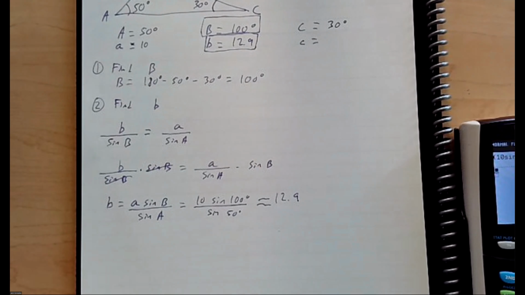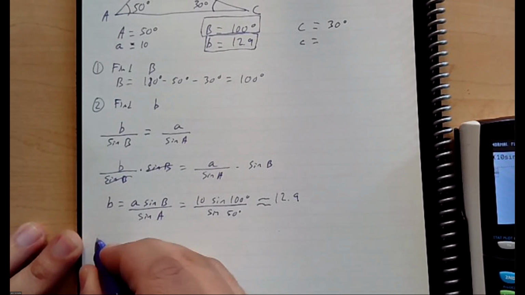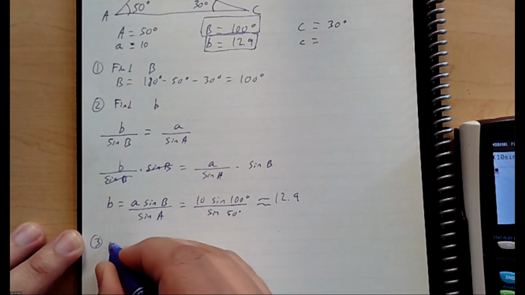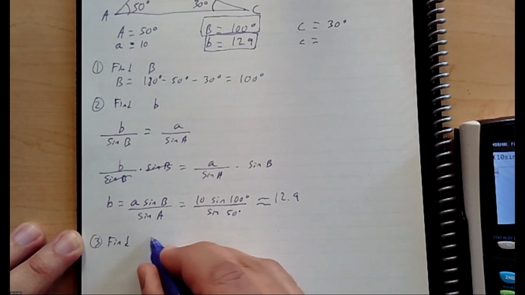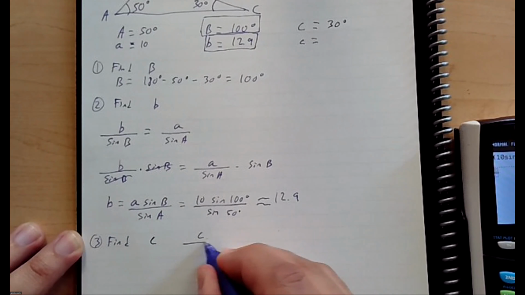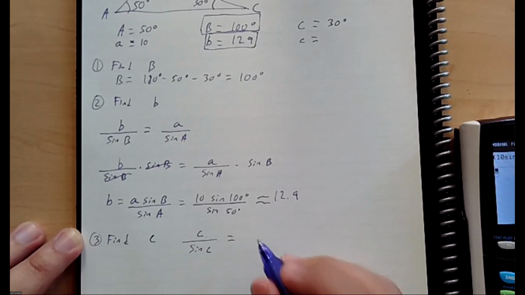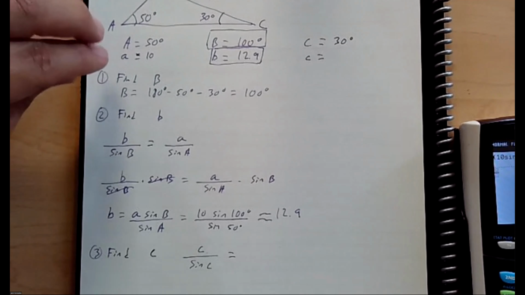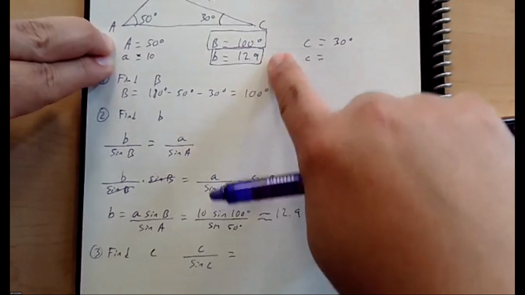You guys cool on step 2? So do the same thing for c. Set c over sine C equal to, I recommend, the ratio that you're given. You could use the other one now that we have it, right?